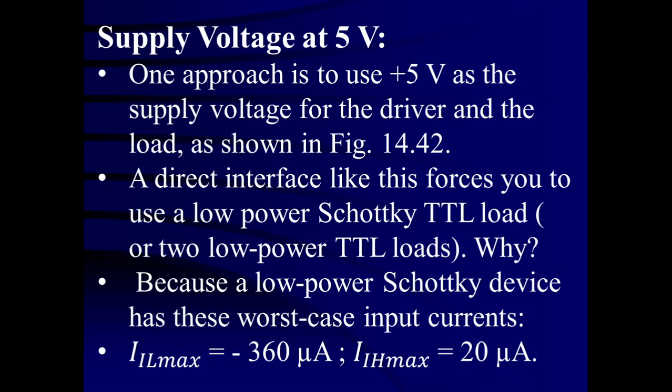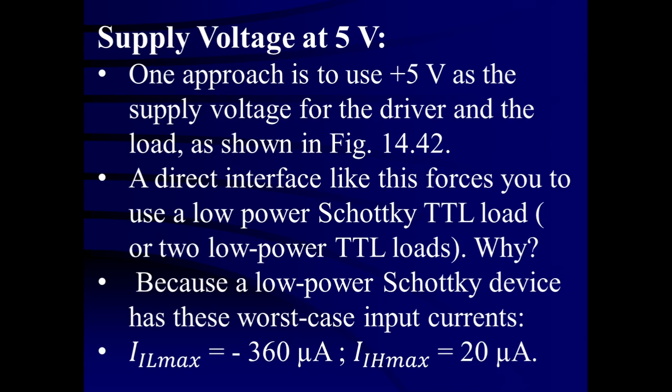But what about the currents? When the TTL is connected as a load, we have to see the TTL input currents, if a low power Schottky TTL is going to be utilized.